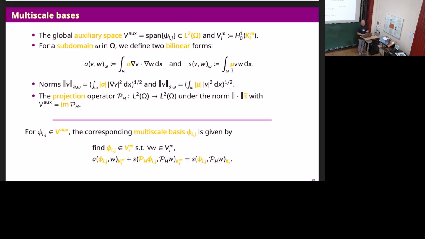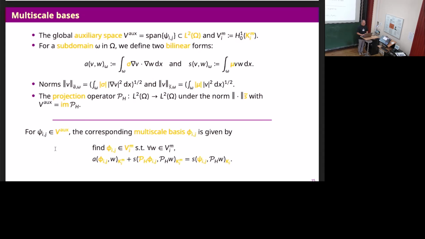This mu is usually chosen according to sigma. We can use this inner product to define this projection map from some function space to the space VAUX, which is a linear combination of these local eigenfunctions.